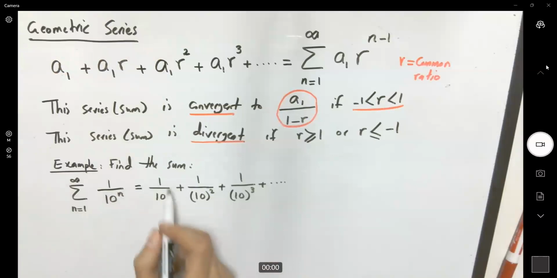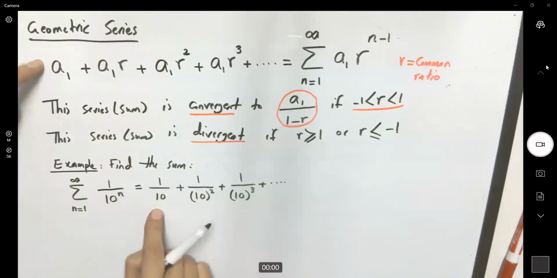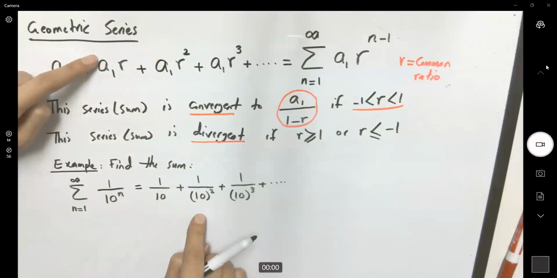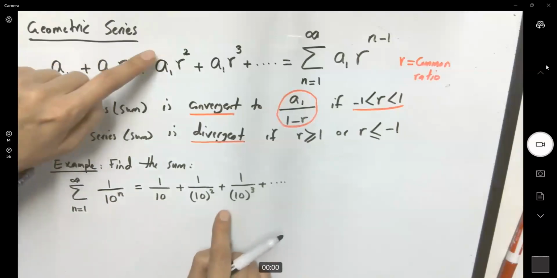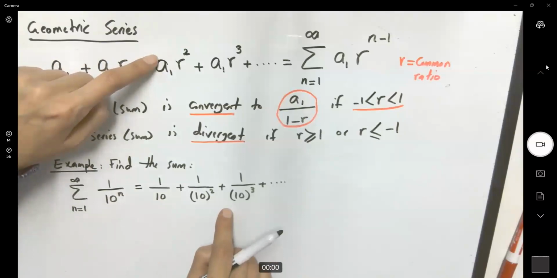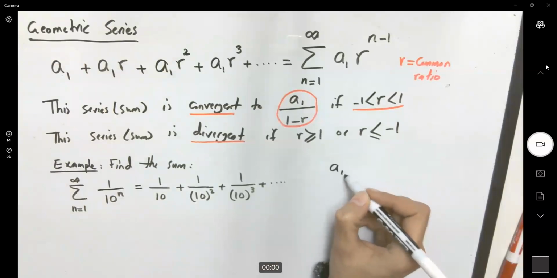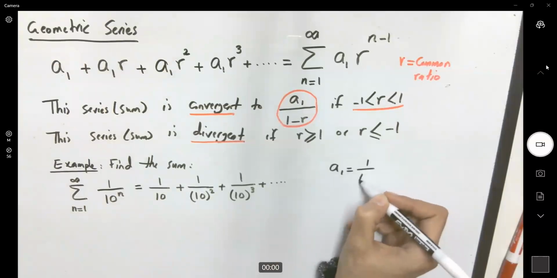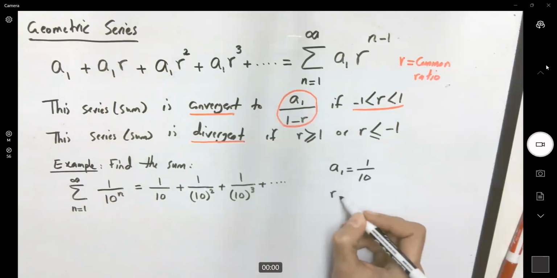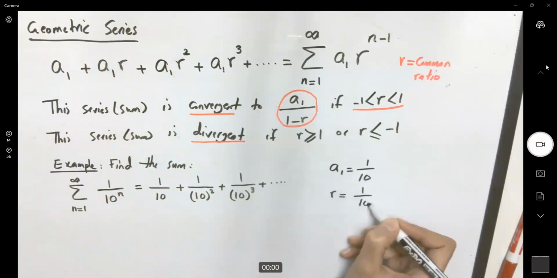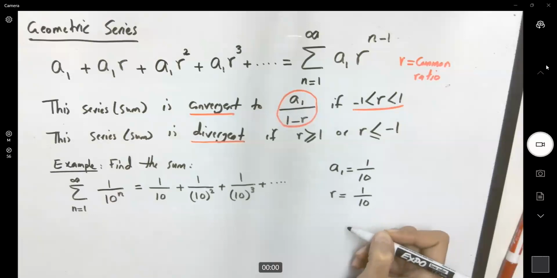It says my first term is 1 over 10, and my second term is 1 over 10 times 1 over 10. My third term is 1 over 10 times 1 over 10 to the second power. So it seems that my A1 is equal to 1/10, and the common ratio is just 1 over 10.